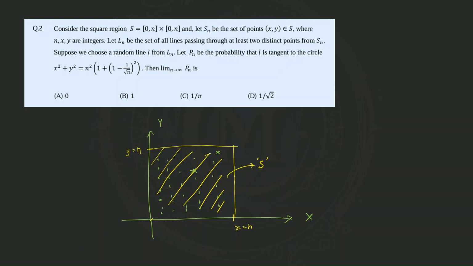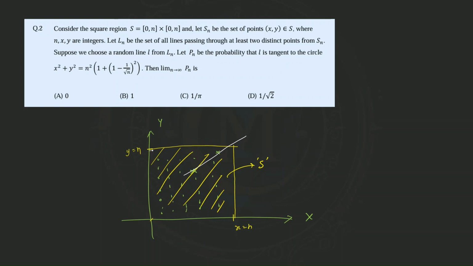Now it is saying that suppose we choose a random line L from Ln. Let Pn be the probability that L is tangent to the circle x square plus y square equal to n square into 1 plus (1 minus 1 by root n) whole square. Then the limit as n tends to infinity of Pn is equal to what? There is a circle centered at origin, whose radius is n times root under 1 plus (1 minus 1 by root n) whole square.